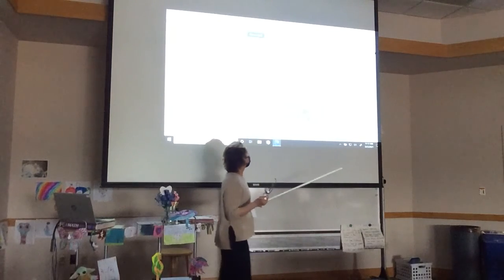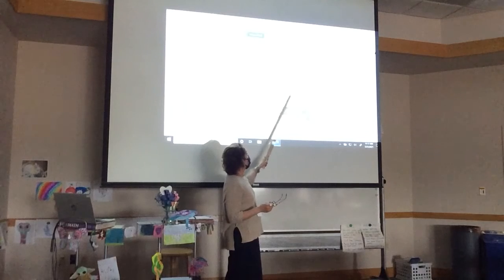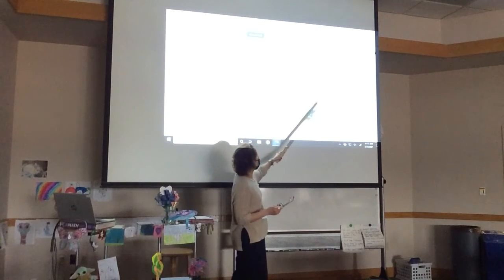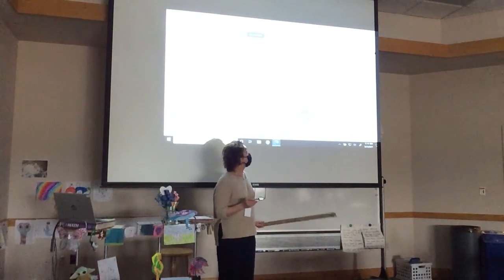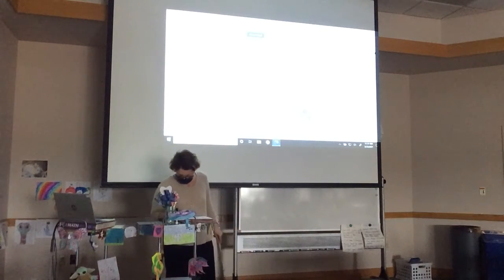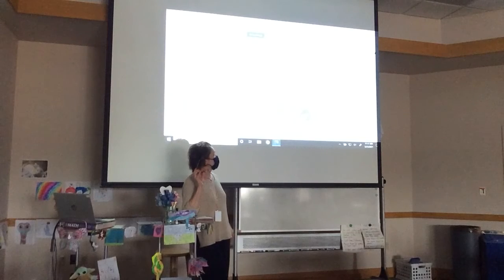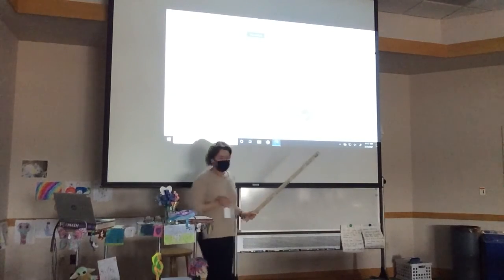Tessa. 8. Yes, because both groups are pencils. But we need to find the fraction for what are red. So what is our fraction, friends? Luke. 5/8. Yes. Very good.